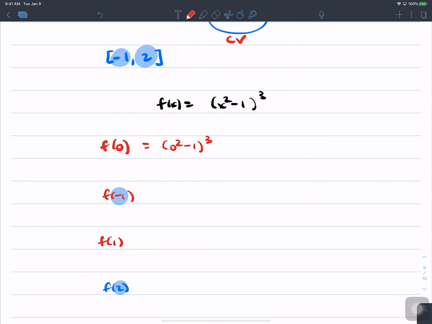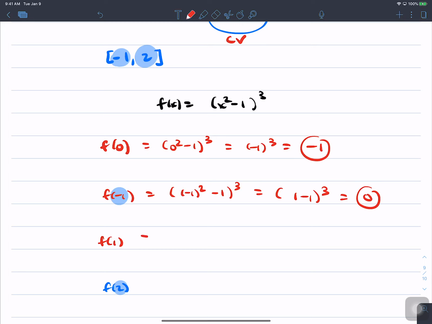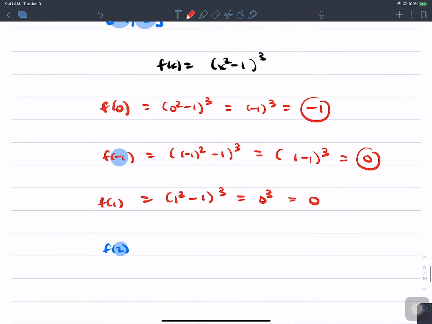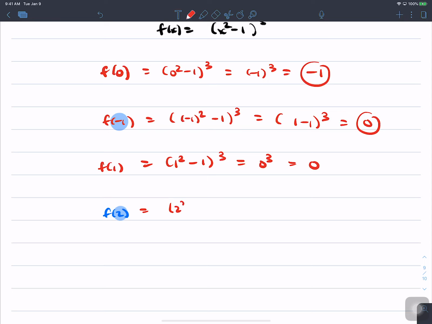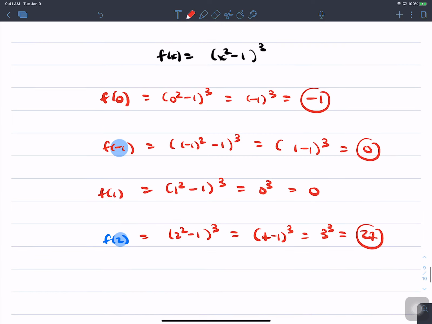So you plug in these values. 0 squared minus 1, cubed, is really -1 cubed, which is -1. (-1) squared minus 1, cubed, becomes 1 minus 1 cubed, which is 0. 1 squared minus 1, cubed, is 0 cubed, which is 0. And then 2 squared minus 1, cubed, is 4 minus 1 cubed, 3 cubed, which is 27.